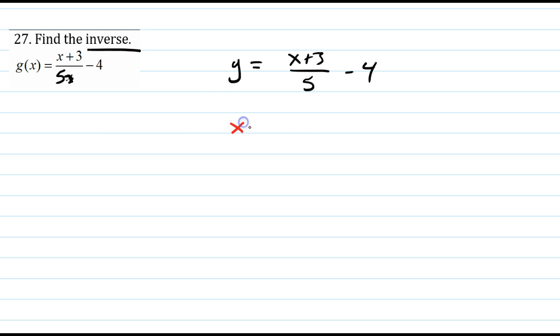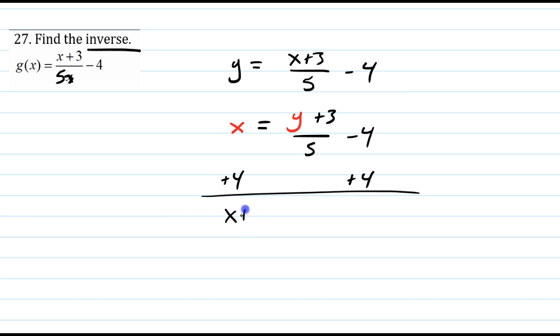So we're going to put the x here, the y here, and now we want to get y by itself. So we add 4 to both sides, and so we get x plus 4 equals y plus 3 over 5.